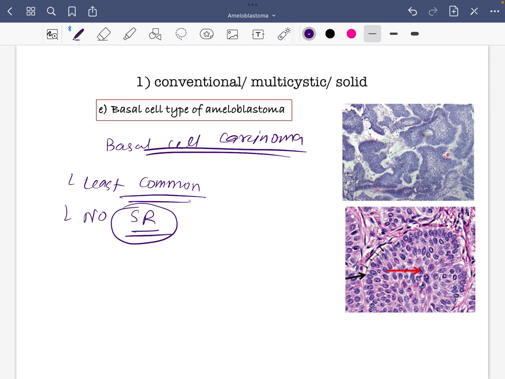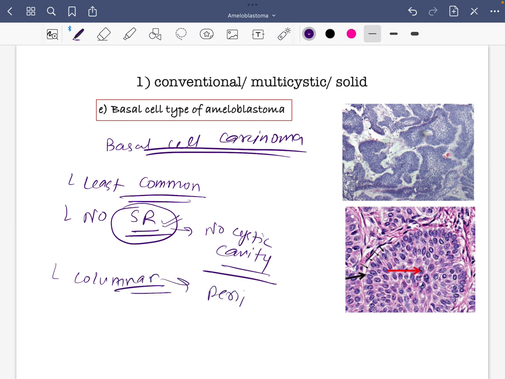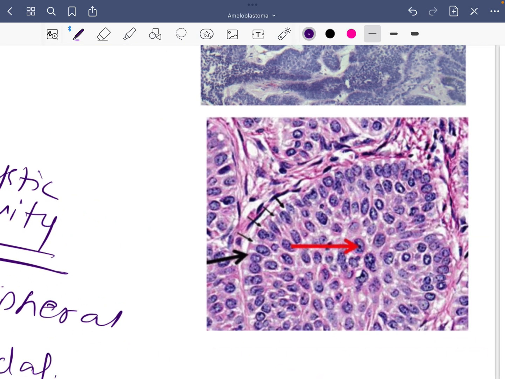In the rest of them, you will find stellate reticulum. In this, there is no stellate reticulum. And if there is no stellate reticulum, there is no cystic cavity. Instead of columnar, sometimes what happens is your peripheral cells become cuboidal because there's too much cellular pressure.